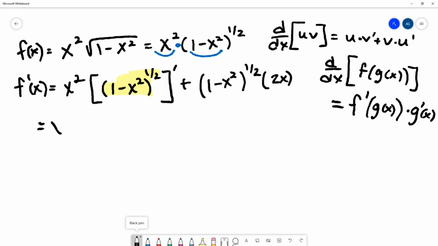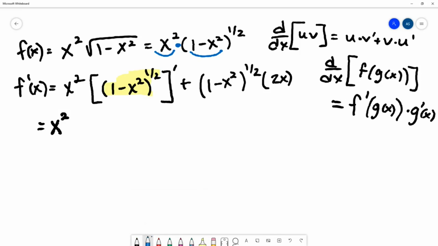I'm copying down the x squared. Now let's calculate the derivative using the chain rule on 1 minus x squared to the 1/2.